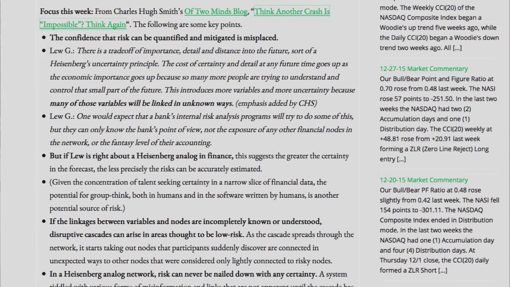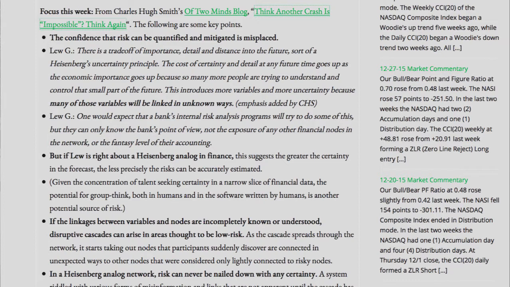Lou G. One would expect that a bank's internal risk analysis programs will try to do some of this, but they can only know the bank's point of view, not the exposure of any other financial nodes in the network, or the fantasy level of their accounting.